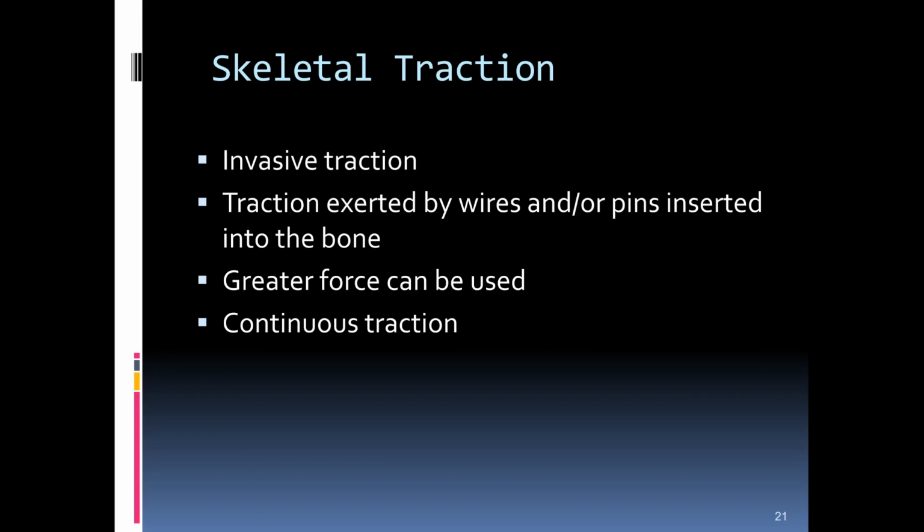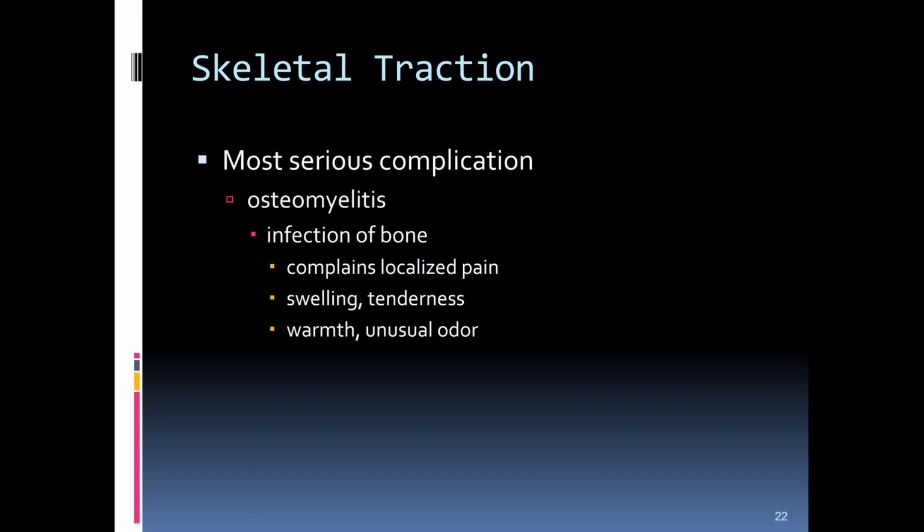Skeletal traction is invasive, and it's exerted by wires or pins that are inserted directly into the bone. Greater force can be used, and it is continuous traction. The most serious complication of skeletal traction, obviously, because you have a pin going directly into the bone, is osteomyelitis, which is an infection of the bone.